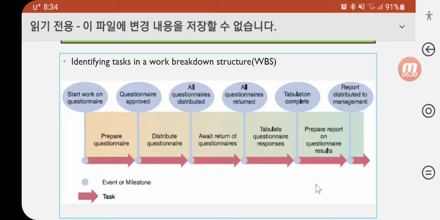Then distribute the questionnaire, and all questionnaires are distributed. Sometimes we wait for the return of the questionnaires. All questionnaires returned. We are making a table of questionnaire responses. Tabulation complete. Prepare report on questionnaire results. The report is distributed to management.